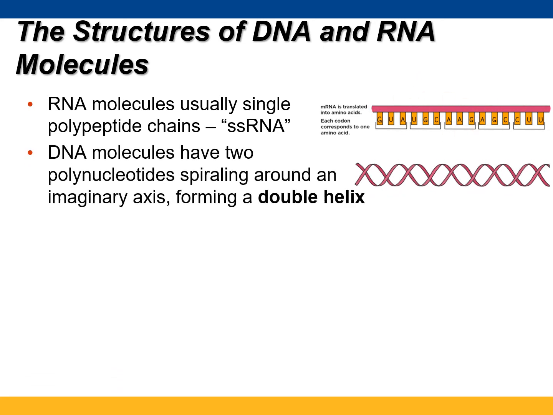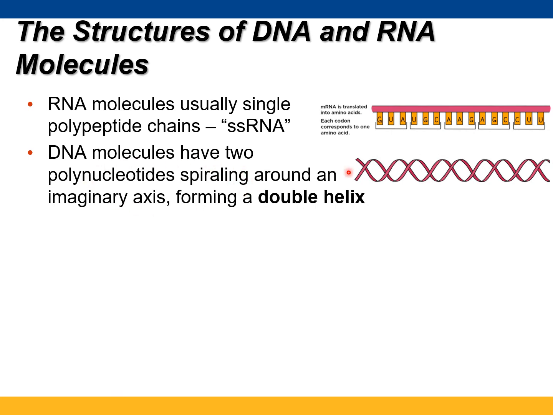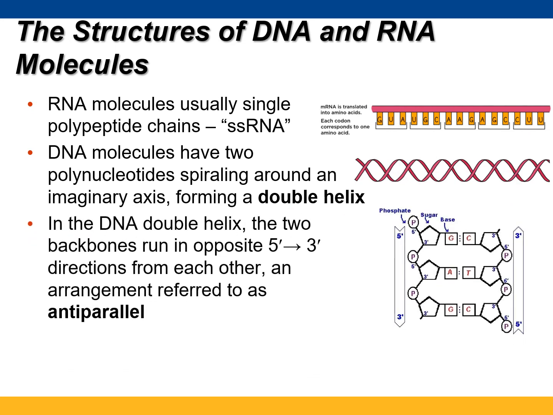DNA, on the other hand, has two phosphate backbones, and they're wrapped around each other, called a double helix, but they're also what we call anti-parallel.